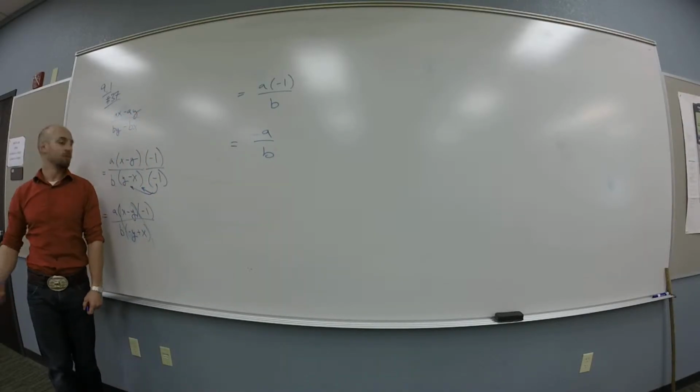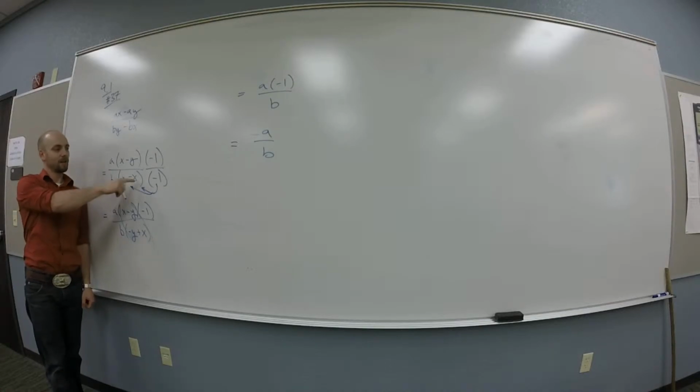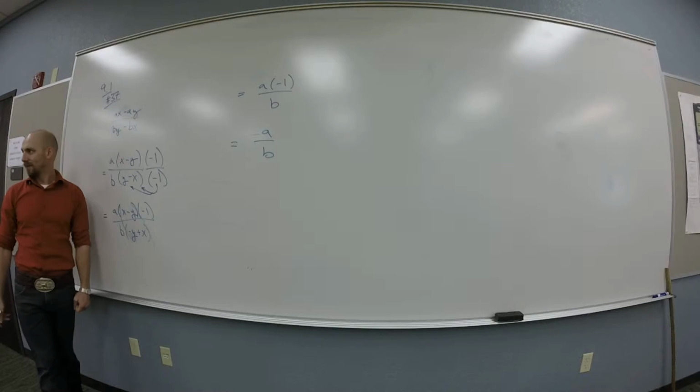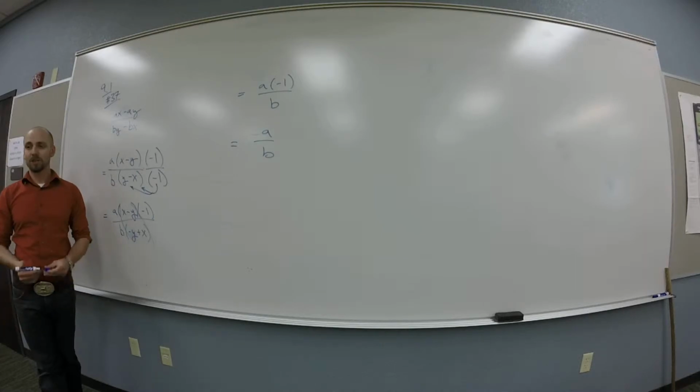So my other option would have been back here, I could have factored a negative 1 out, which would put the negative 1 on the bottom. But it doesn't matter where it goes, because it's a fraction. Yeah. Because negative 1 is one of these weird numbers where 1 over negative 1 is the same thing. Right? You guys cool with that?